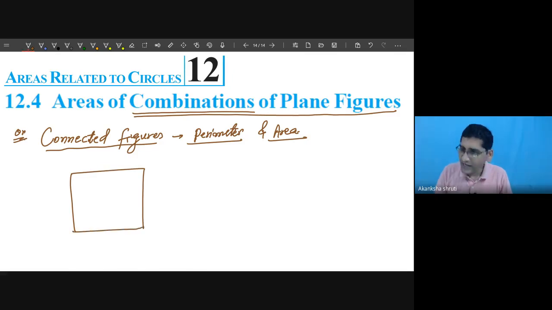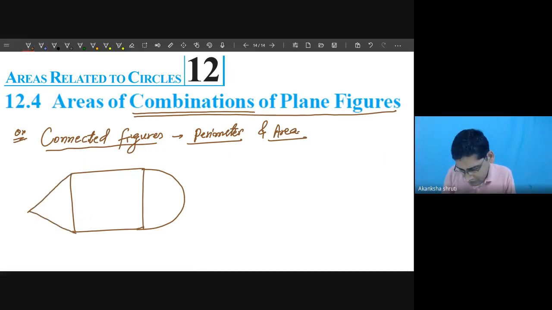this is a square, and over this square, at one end, a semicircle is drawn, and at the other end another projection, cone-like, is drawn. It is not exactly a cone but a triangle. Just consider a triangle.